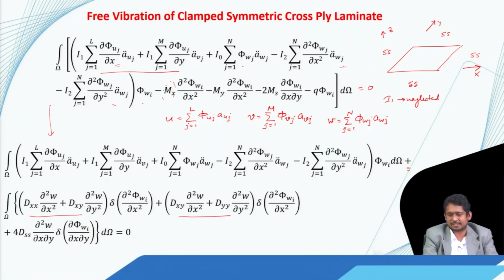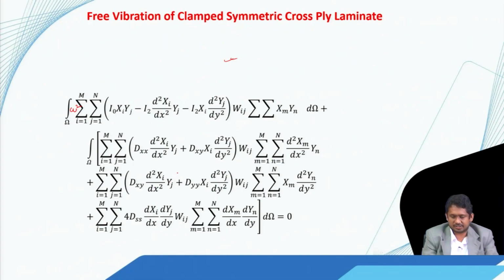If I look at this term, it is just the approximation function multiplied by the derivative of the unknown constant associated. So, that is what we see here. We have I_0, the approximation function, here it is X_i into Y_j, and multiplied by the derivative of the unknown constant.